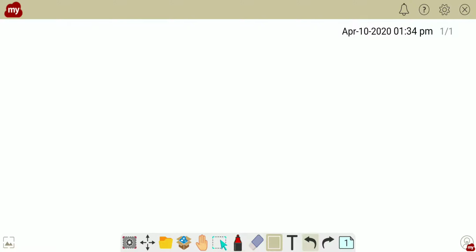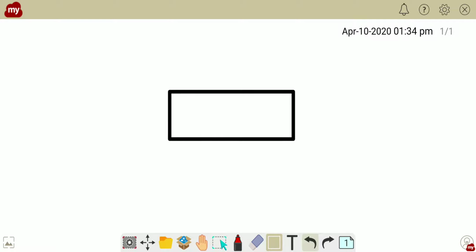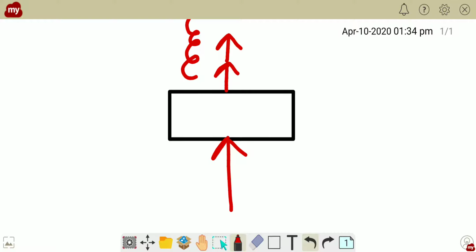And for the same body, for the same object, if I give a force in the upward direction, the body starts moving in the upward direction until I stop the object. The body continues to move in the upward direction. Right? 5 newtons or 6 newtons.